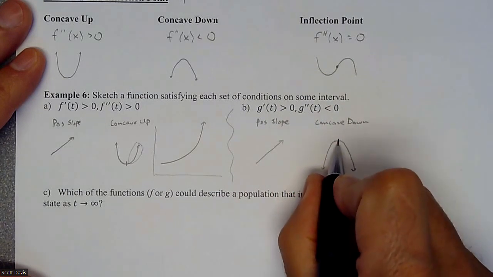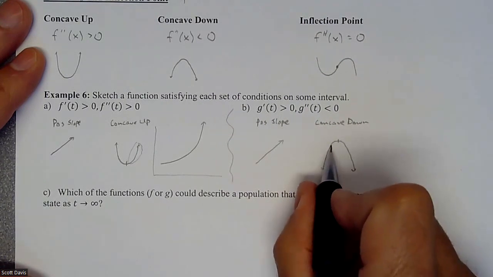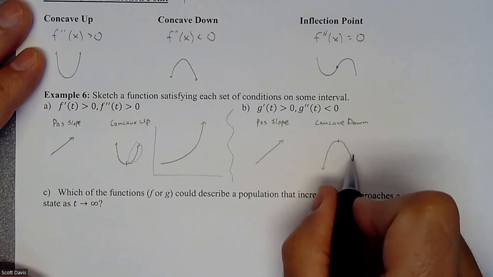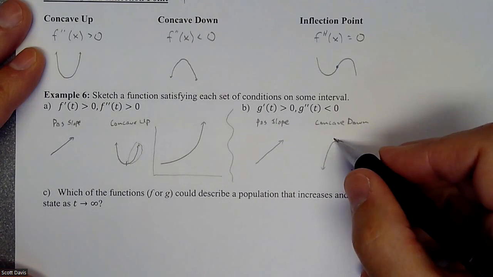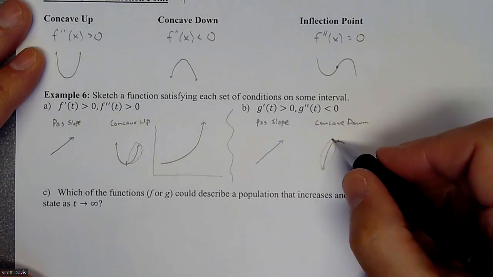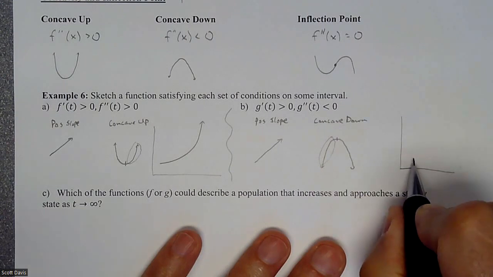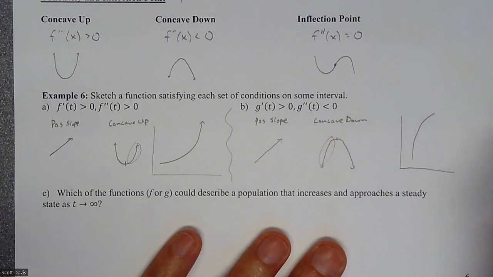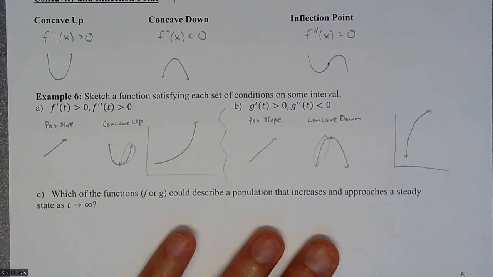Again, just like concave up, you have this transition in the slopes. You have a positive slope on one side of it and a negative slope on the other side of it. So the positive slope and concave down would be that section. If we were to draw a graph to that, we would have something that looks like that. That would be positive slope but concave down.